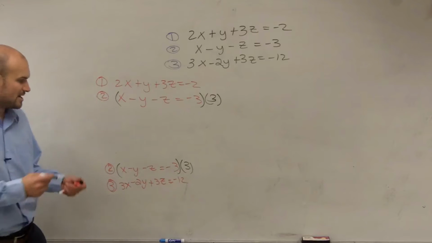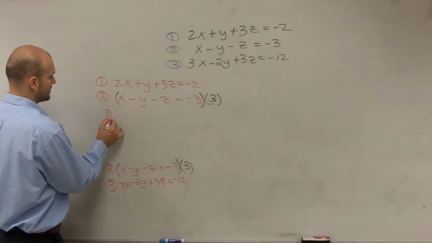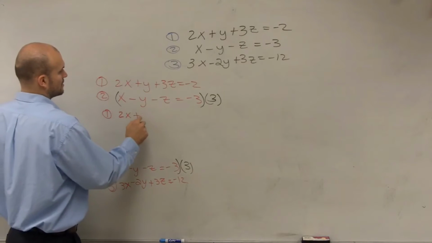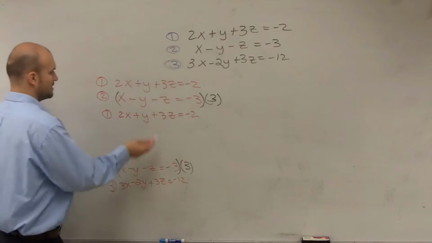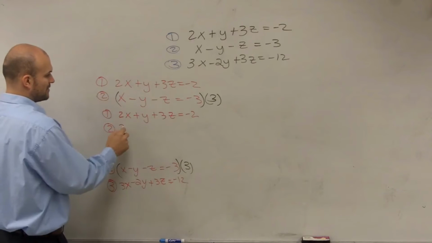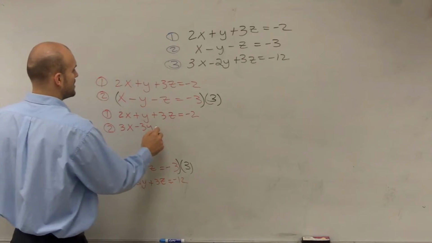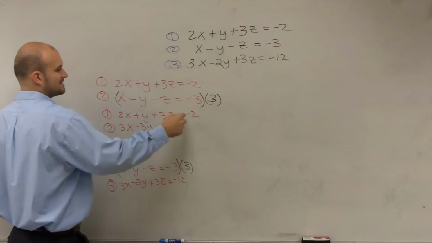All right, so let's write out what it's going to look like. I'm going to rewrite equation 1 again. So equation 1 is 2x plus y plus 3z equals negative 2. And now my new equation 2 is going to be 3x minus 3y minus 3z equals negative 9.